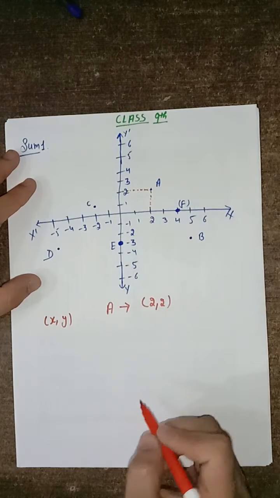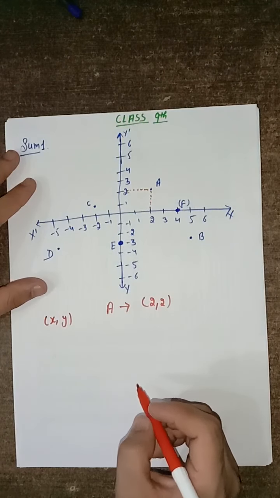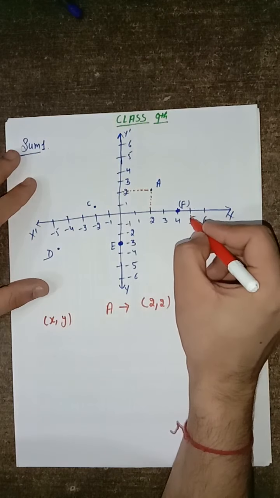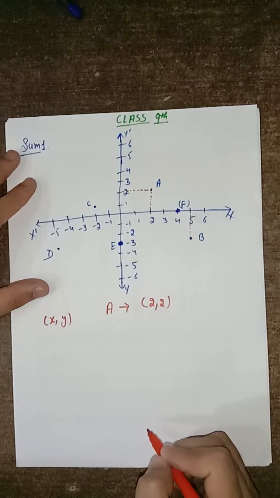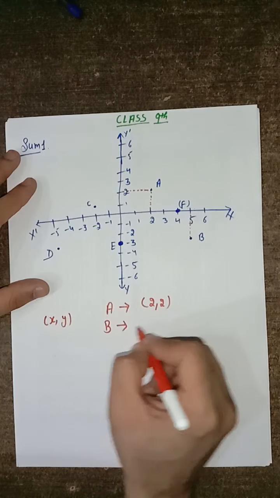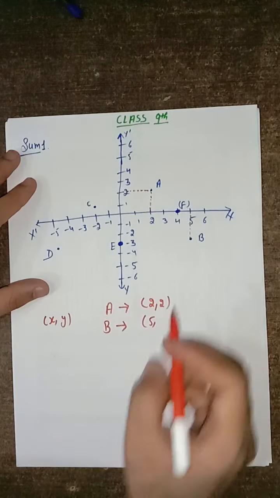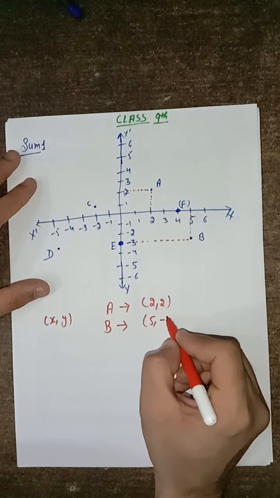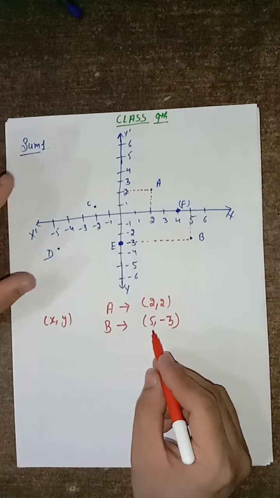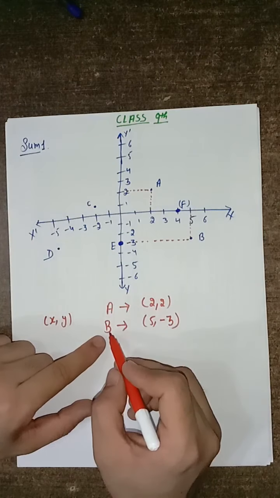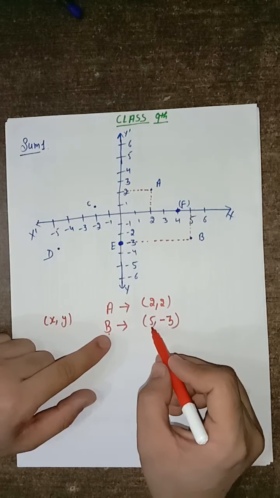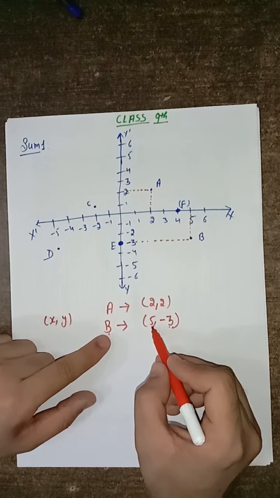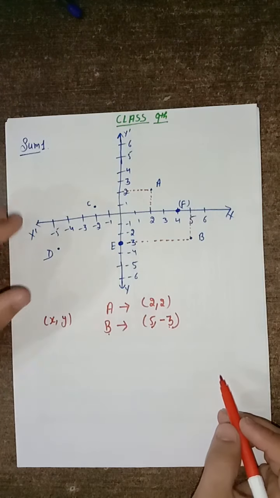Now find the coordinate of B. This is my B. For x coordinate, the value of x is 5 and the value of y is minus 3. So the y coordinate is minus 3 and coordinate for B will be 5, minus 3 because we mention x coordinates first and then y coordinates.